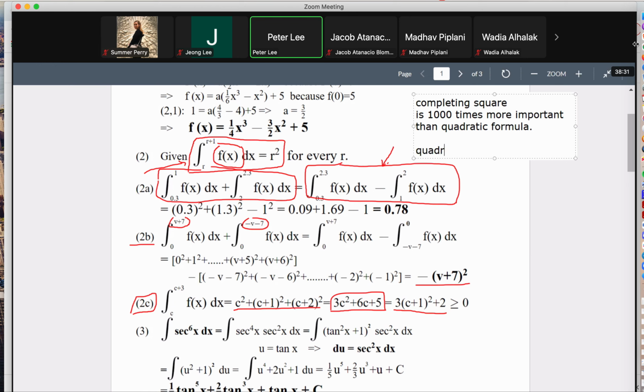Students learn everything about the quadratic formula and don't know completing the square. By the way, do you think the quadratic equation, quadratic function, quadratic expression, all of these things, will disappear after this course?